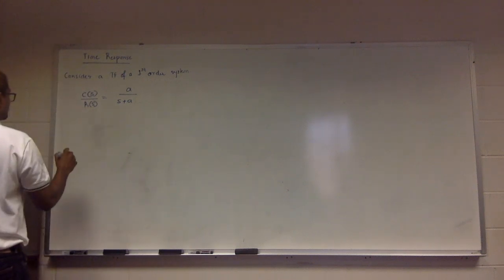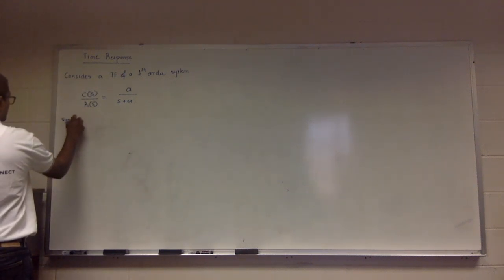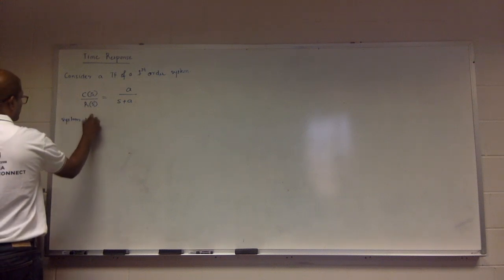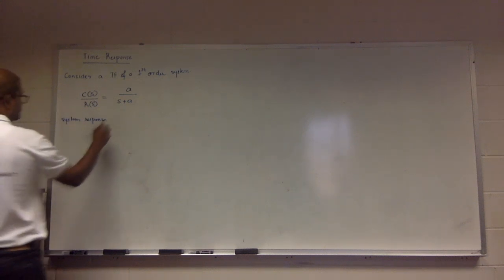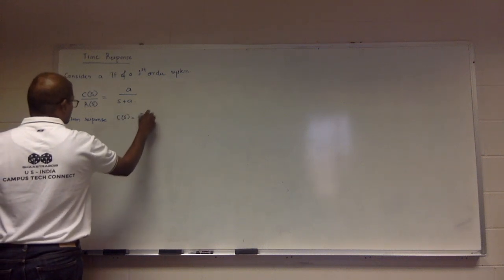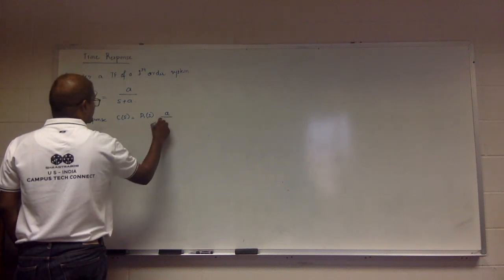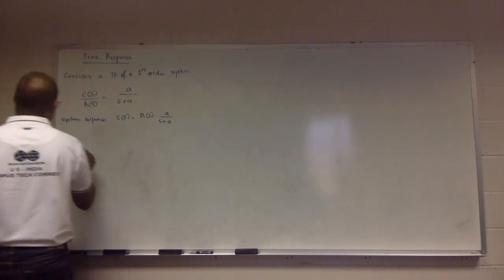Okay. So here what we have looked at is system response. C of S is R of S times A over S plus A, right?